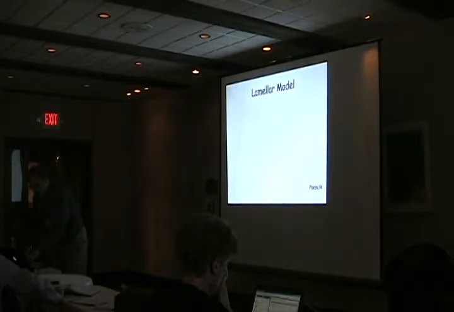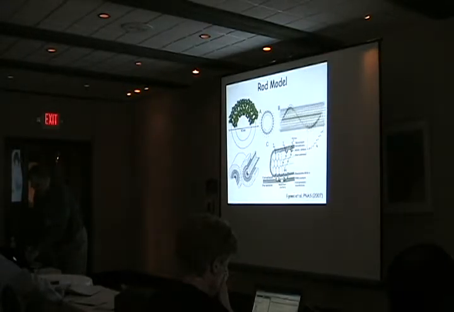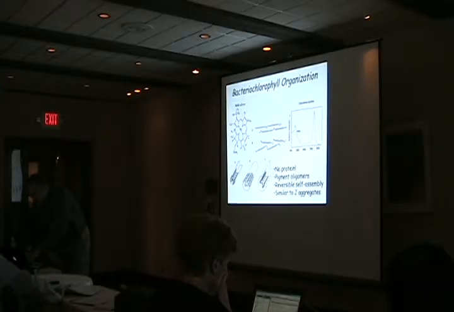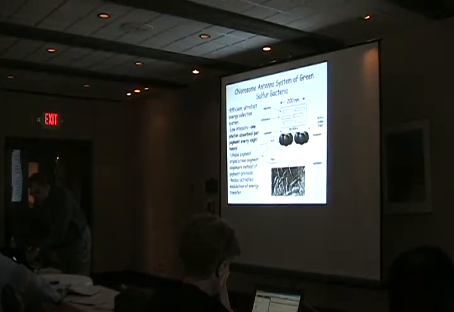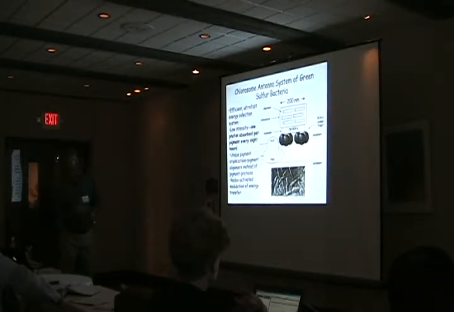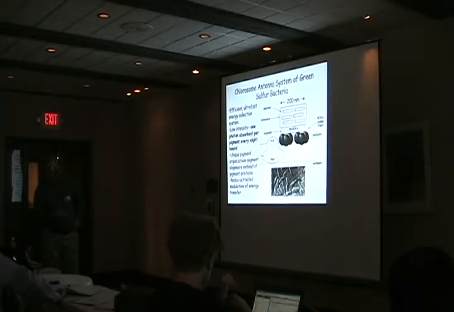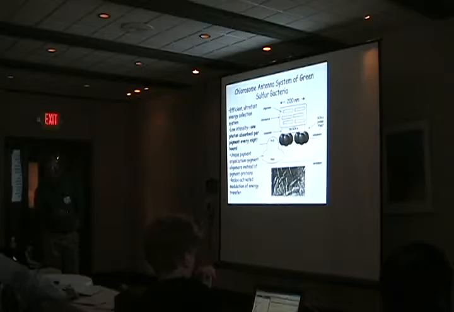Now, if you go back, there's another antenna complex here called the FMO complex, or bacterial chlorophyll A protein. It's a trimeric protein complex that serves as an intermediary in the energy transfer.